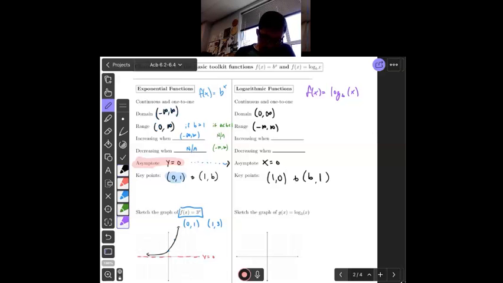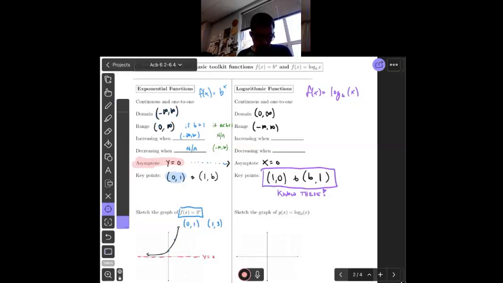So realistically, you guys need to know these. If you're going to graph a logarithmic function, you need to know these 2 points. With exponentials, we can generate the points because you can just throw x values at this and get values out to plot. With logarithmic functions, it's really hard to know what x values you can plug in and get good points.